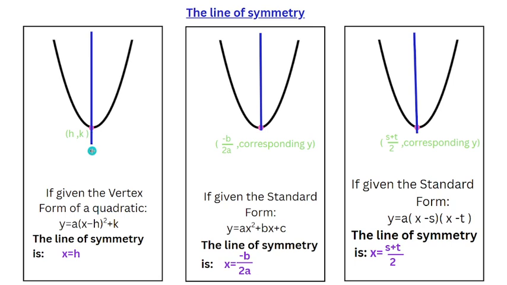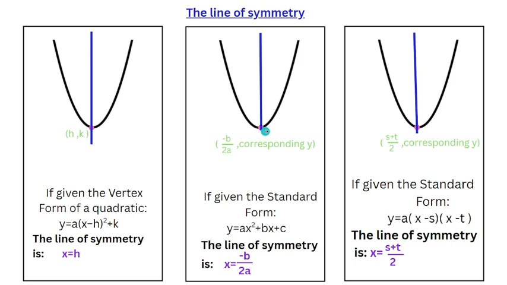We will put the line of symmetry exactly at x equals h. If we have an axis, when x equals h, we will put the line of symmetry.